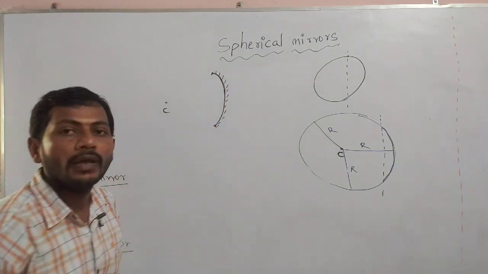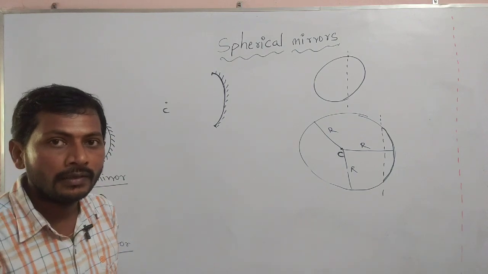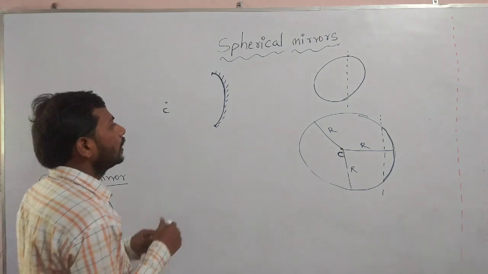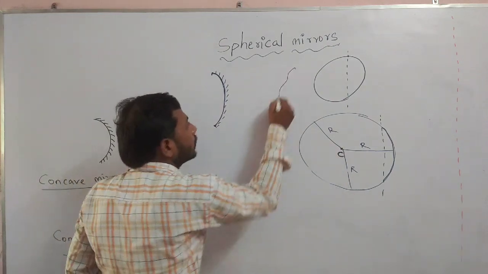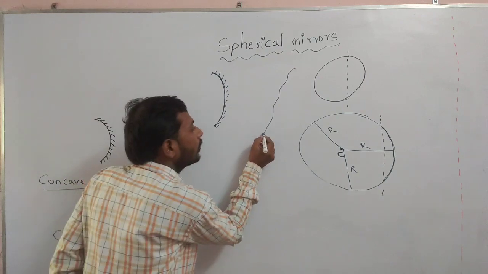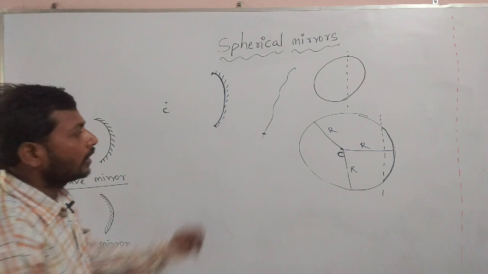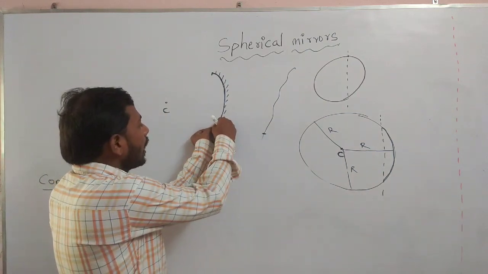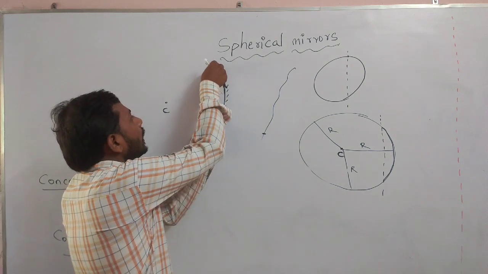That's why, the indirect method you learnt in 7th or 8th class: I have taken one thread. On the thread I have given one mark. This mark I kept here and slowly I am placing it on the mirror like this.